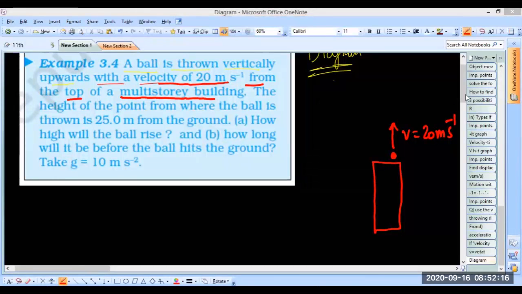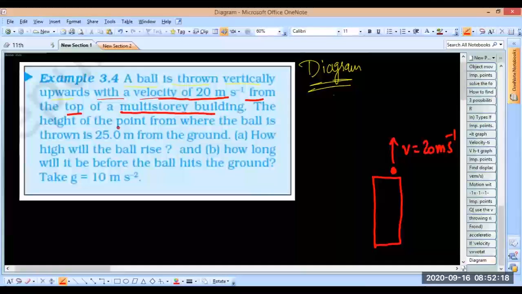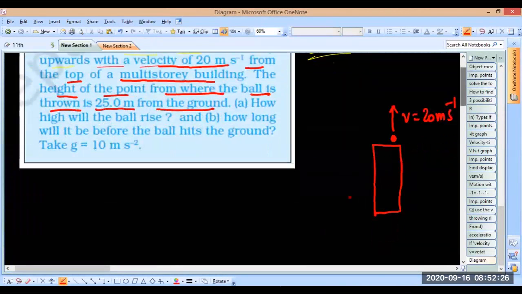You don't need to make an exact diagram. A rough diagram is very good. So the height of the point from where the ball is thrown is 25 meter from the ground. And it is common sense to assume that the ground is at the lower point of the building. Agreed?